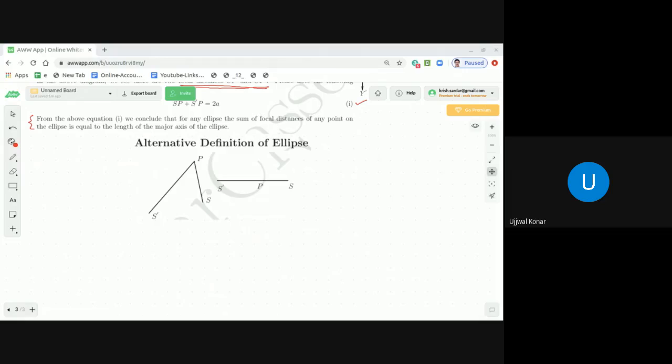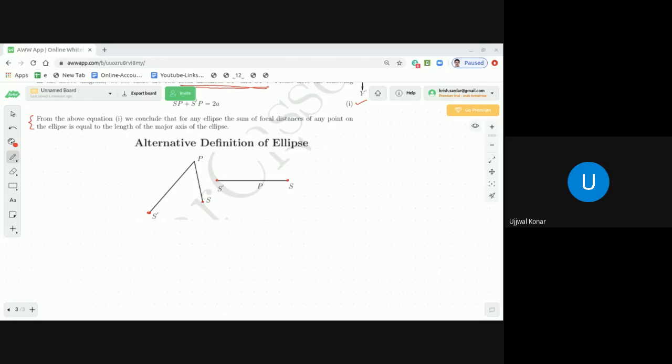I repeat once more, dear students, so that you can get the perspective. S and S dash, as you see in the diagram, are two fixed points. Here is a point S and another point S dash, the fixed points, and P is the point which is actually moving.